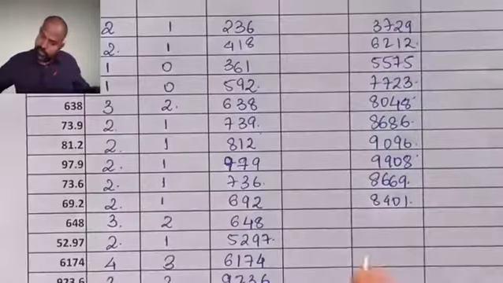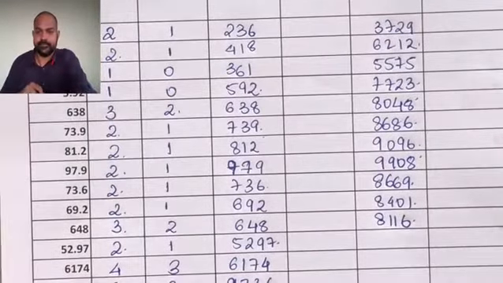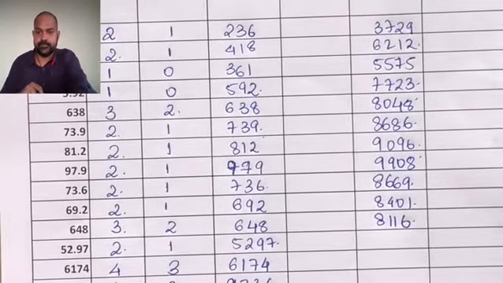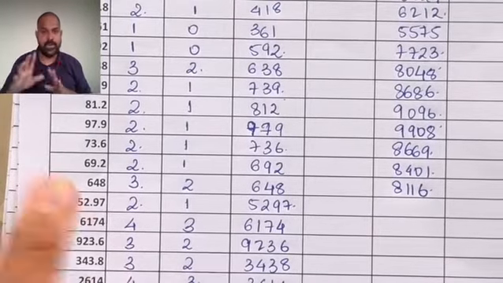So 648 is going to be 8116. So we are stopping at 648.